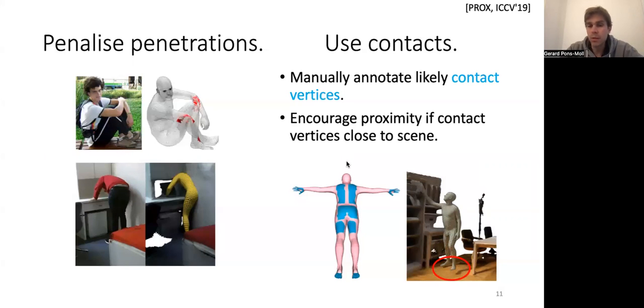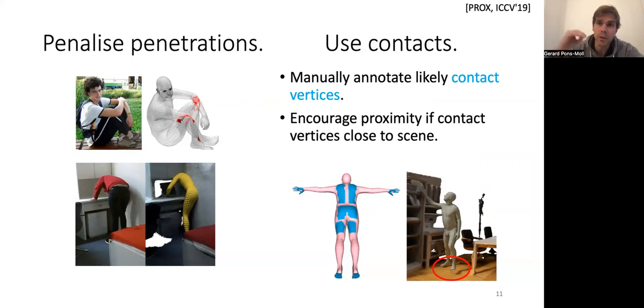How do you do this? You could just have a constraint that says these vertices should have a distance close to 0 to the scene, and to enforce no penetration, you typically would minimize the distance from the SMPL vertices, the signed distance. You would basically make the signed distance be 0.